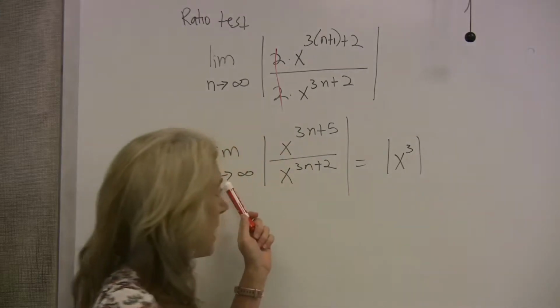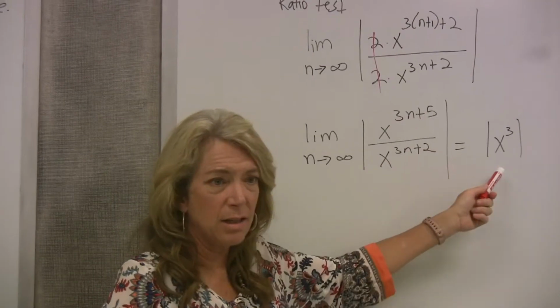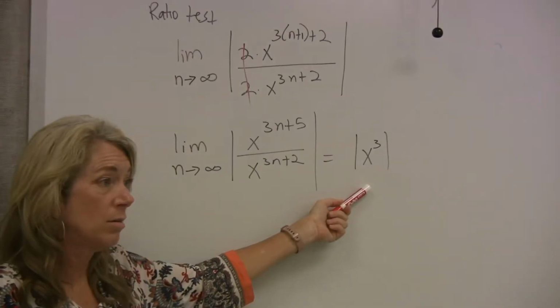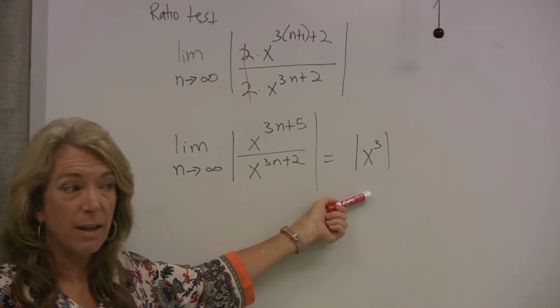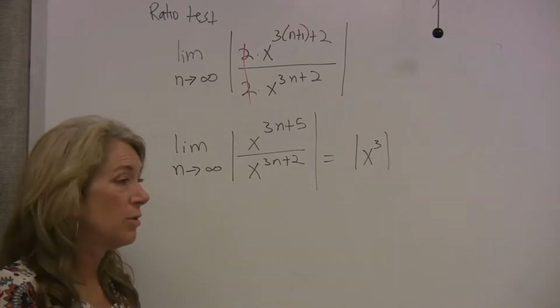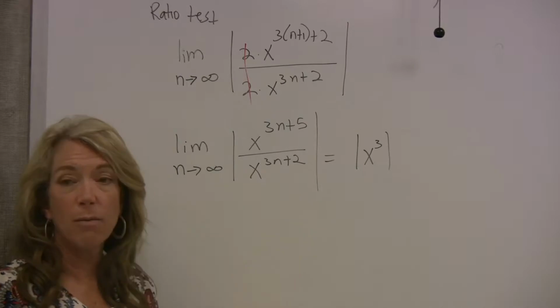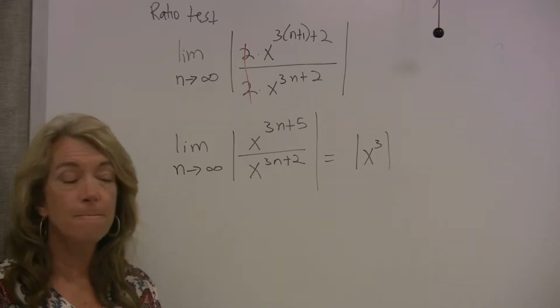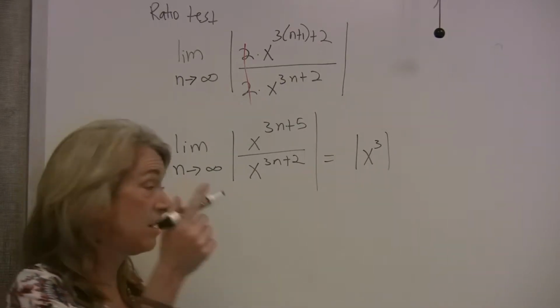And I don't even need to take the limit as n goes to infinity because there's no n's in this expression at all. N won't affect this. So I need x cubed, that's my limit, and what do I need my limit to be for it to be convergent? Less than 1.